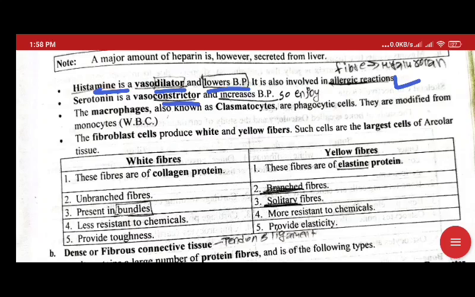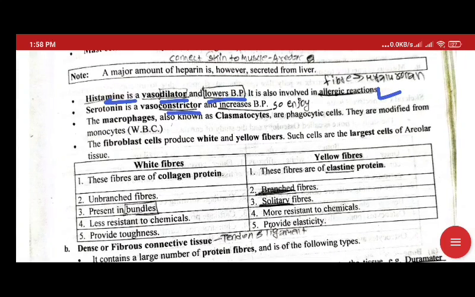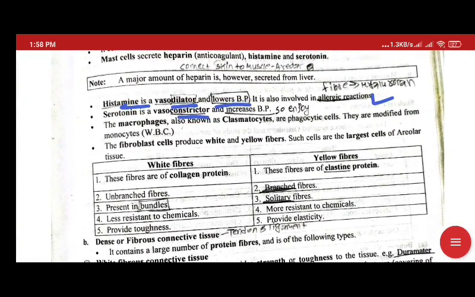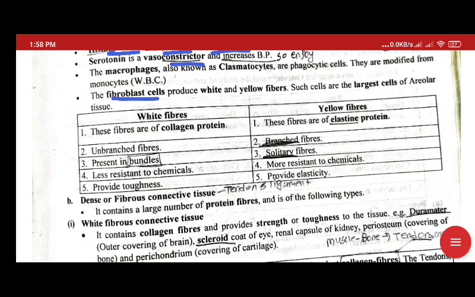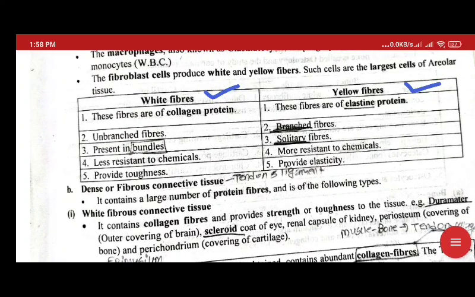Now in areolar tissue we have different types of cells. Also we have macrophage, which eats others; they are modified WBC monocytes. In fibrous cells we have two fibers, white fiber and yellow fiber. In white fiber we have collagen, and in yellow fiber we have elastin.